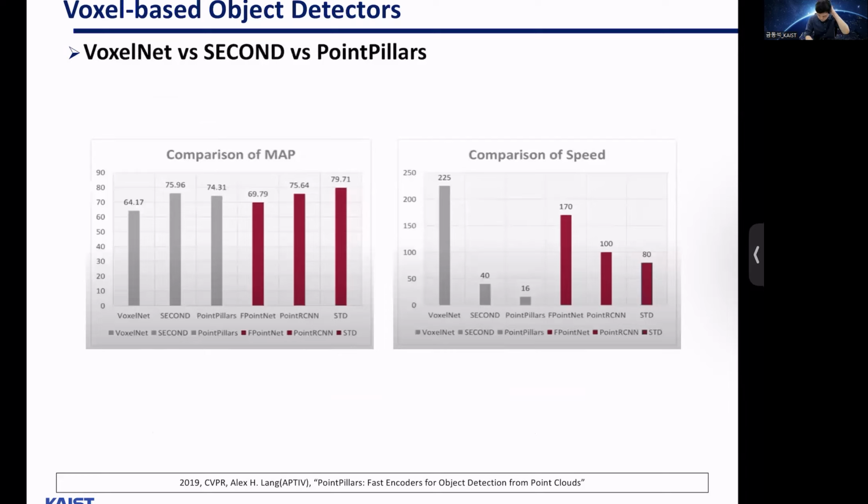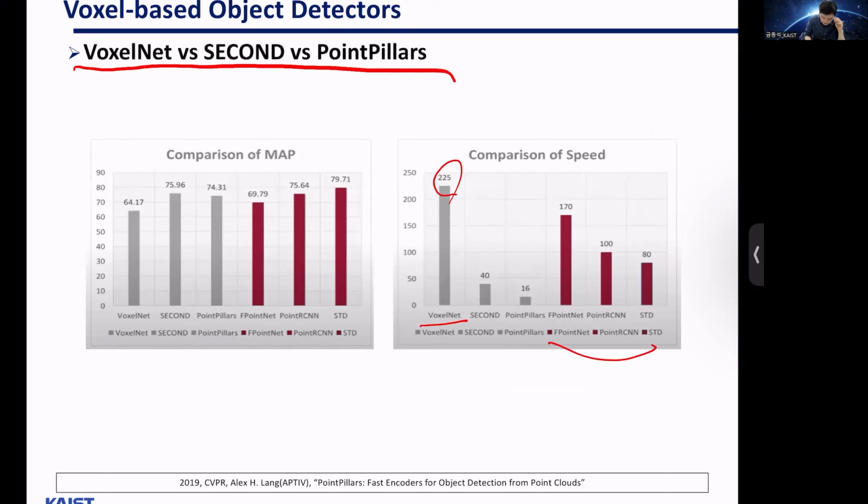So here's the summary of performance and the speed comparing different networks. It compares VoxelNet, second, and point pillars, as well as other point-based networks. So initially, when VoxelNet was proposed, it was very slow when compared to PointNet.